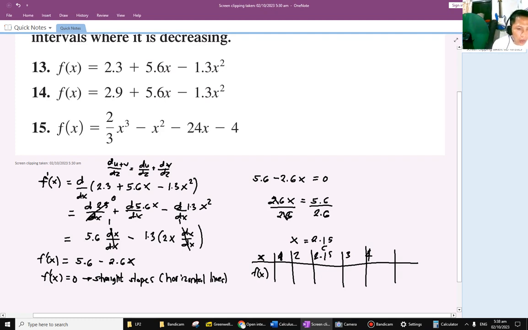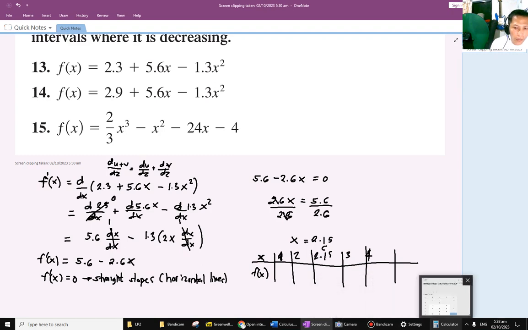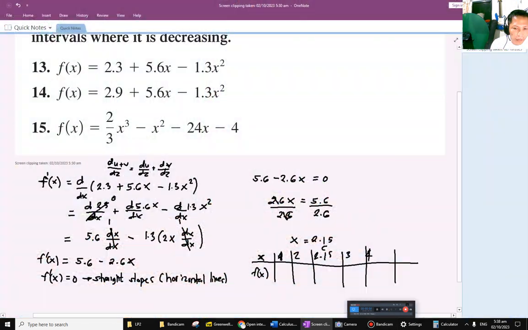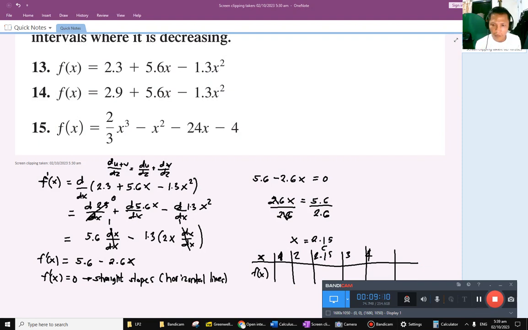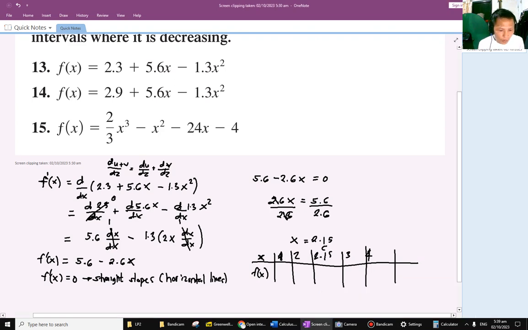So we substitute these values into your equation. Your first equation is 2.3 plus 5.6x. Maybe I'll pause it and really get my calculator. So I have my calculator, so I'll input the values.